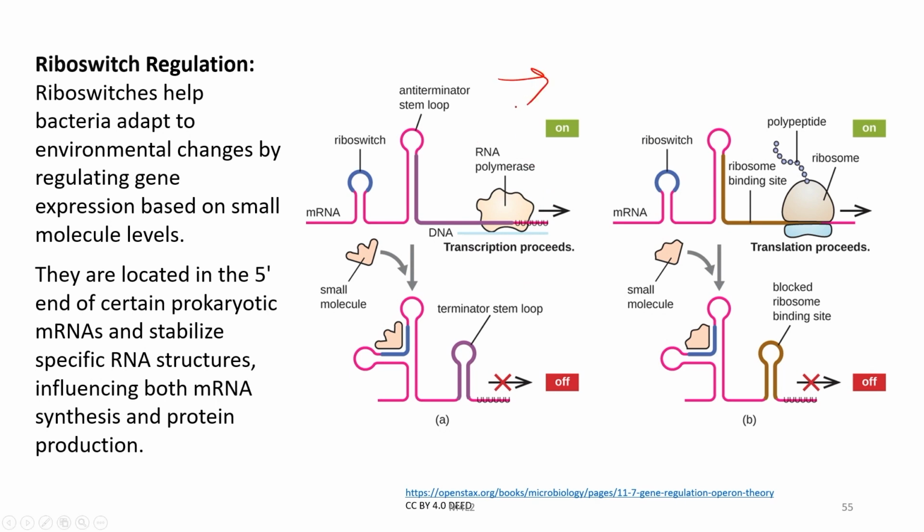But whenever a small molecule binds to it, and you can see here it is binding between the terminator stem and the riboswitch here, the structural change is happening, and the process is therefore stopped, and this cannot proceed.